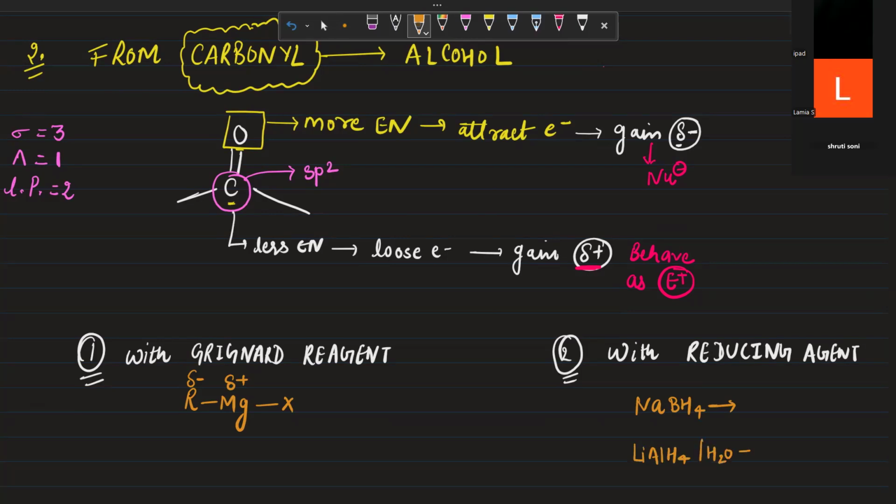NaBH4 is used to donate H minus ion, if you remember. Reducing agent donates hydride ion, H minus ion. You note down this thing that reducing agent donates H minus ion, hydride ion.